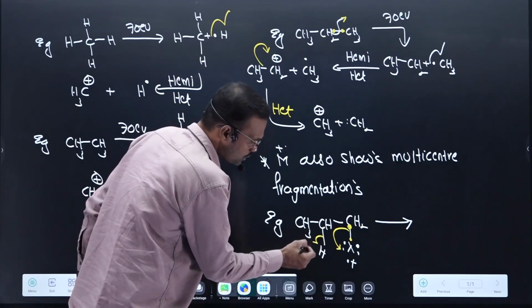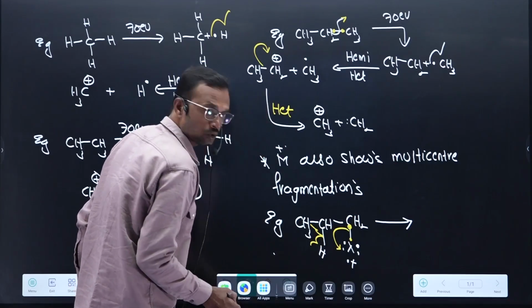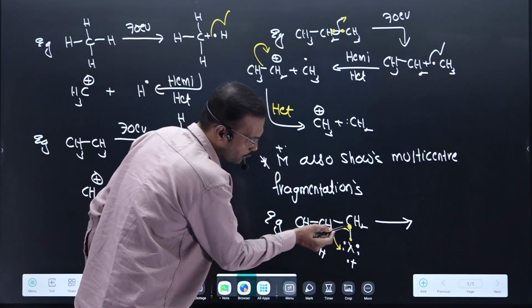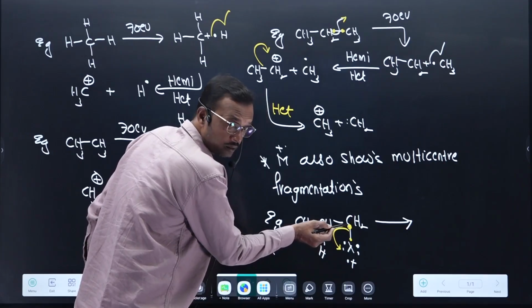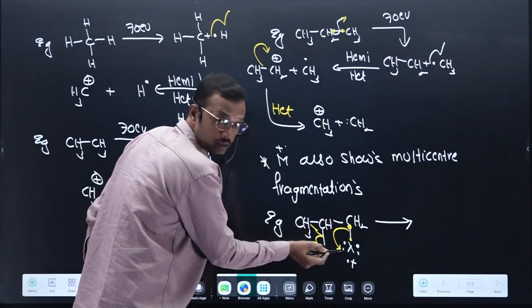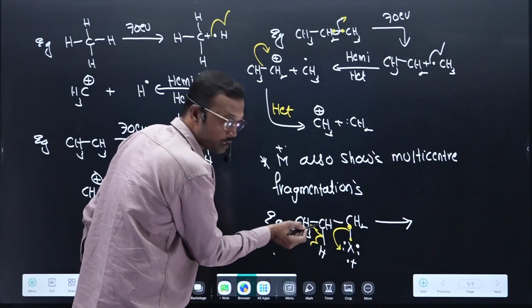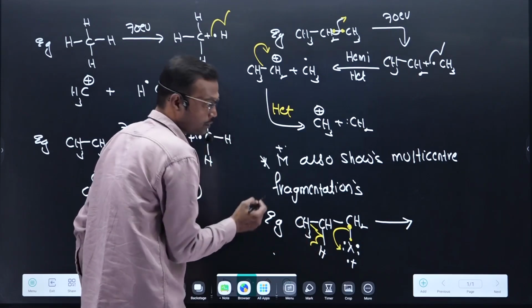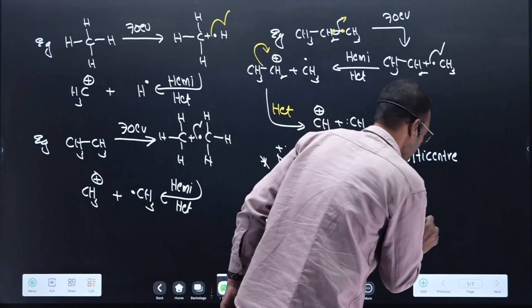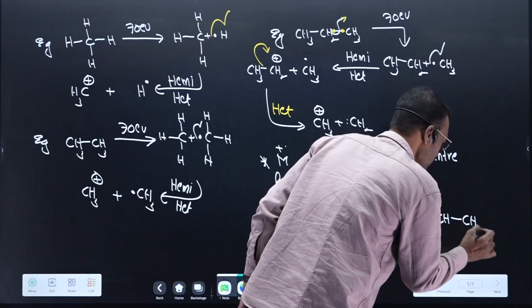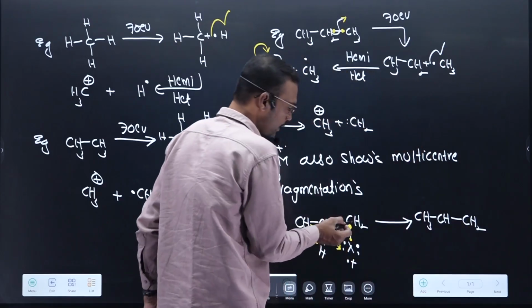And if I write this fission, what is this? Homolytic fission. Now what is the charge expected here? Will you expect a positive charge on this carbon? And what about X here? X radical. And what about this carbon? Radical. So this carbon I can write in the form of CH2 radical, and what about this? CH2 cation.